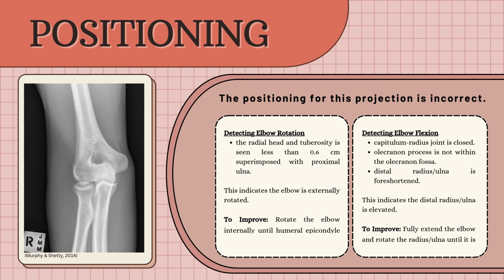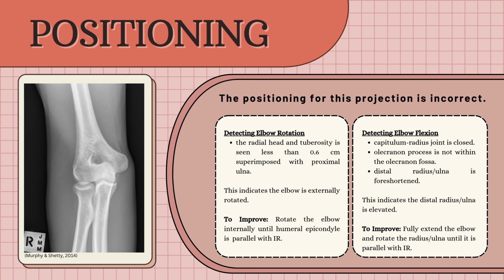Next is the positioning. Based on the radiograph, the positioning for this projection is incorrect. By detecting the elbow rotation, the radial head and tuberosity is seen less than 0.6 centimeters superimposed with proximal ulna. This indicates that the elbow is externally rotated. To improve, rotate the elbow internally until the humeral epicondyle is parallel with the IR.